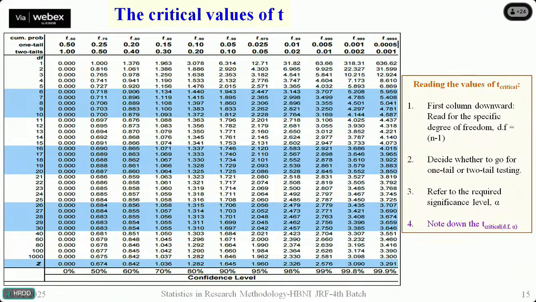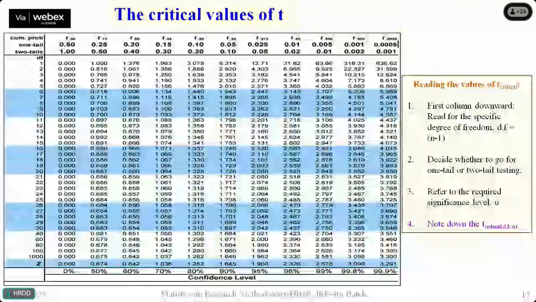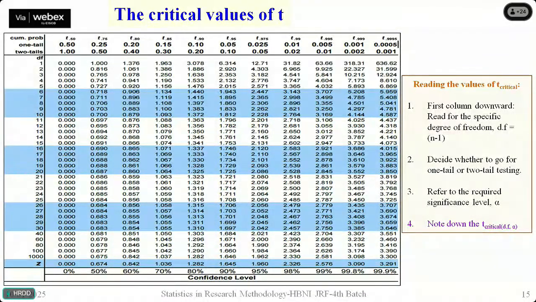If I ask you any random combination of degree of freedom and significance level, you will be able to do it. Keep in mind the degree of freedom is one number less than the total number of measured data. That is one point you have to be very careful about while assessing t values.